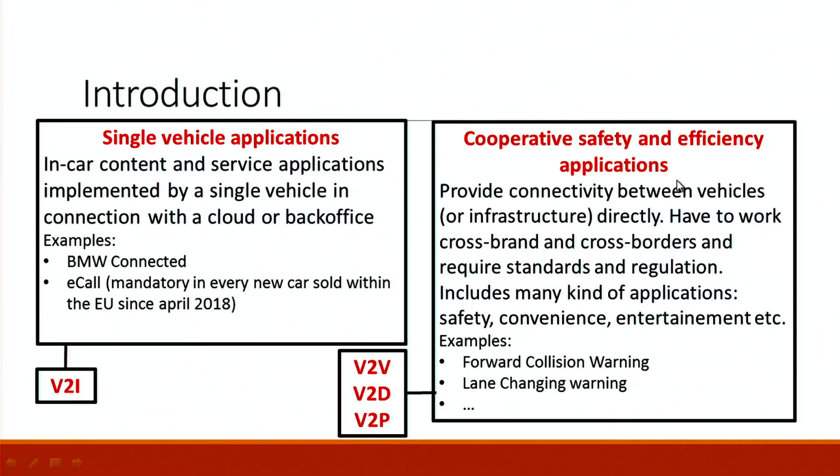So connectivity between vehicles, this is much easier said than done. Because once you start thinking about it, beside the technological problems, you have other problems. You have one problem, which is the car manufacturers themselves.